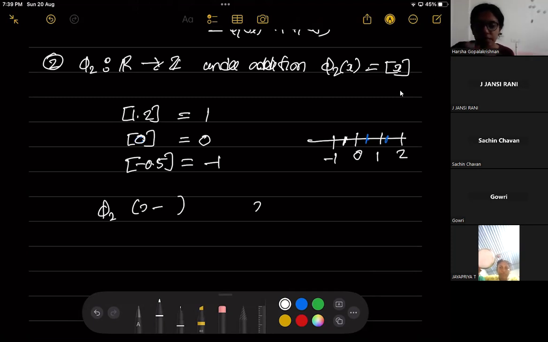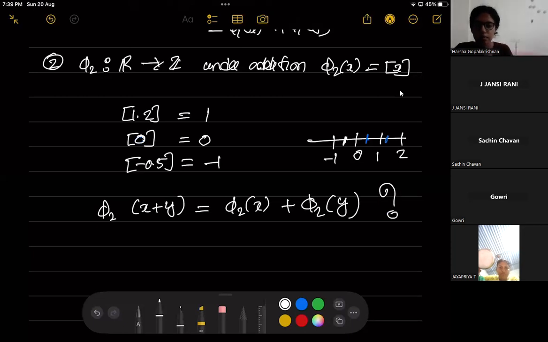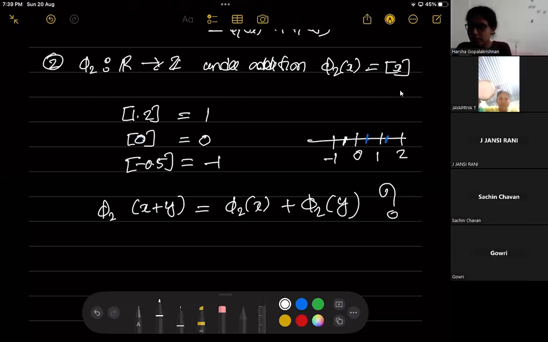So you can just try with some example, think a bit and think whether phi2 of x plus y will be equal to phi2 of x plus phi2 of y.